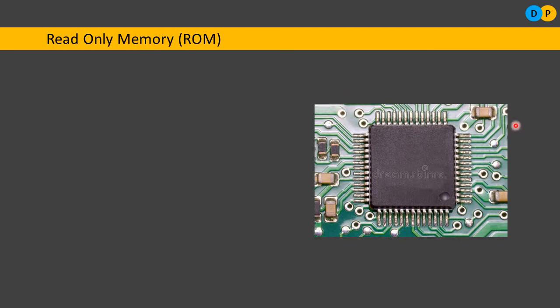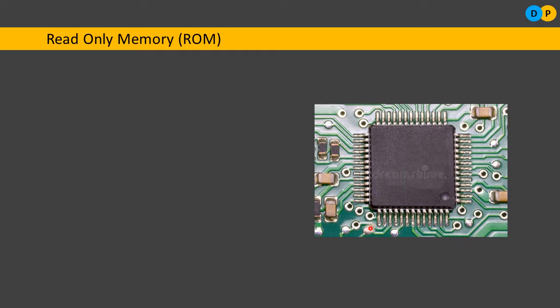Okay, so the ROM chip will be embedded directly on a motherboard. It will be present on a motherboard, preserving the important instructions. These instructions are given by the manufacturer. For example, as soon as you switch on the computer, you get to know who is the manufacturer of this particular motherboard, and what you can do with your computer, how to reboot, how to set up, all these things.